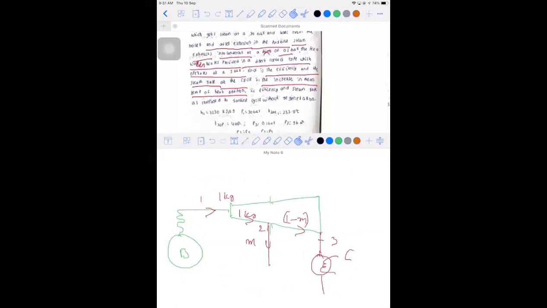And now here we can have a feed water heater, which I'm going to draw. This is m. This is the state 2.